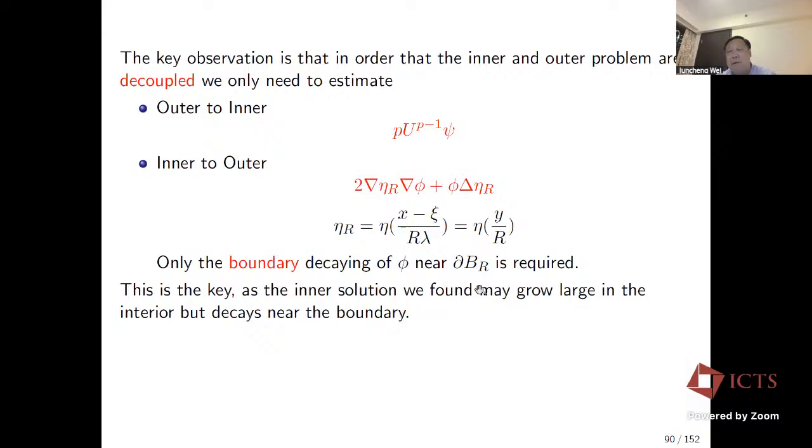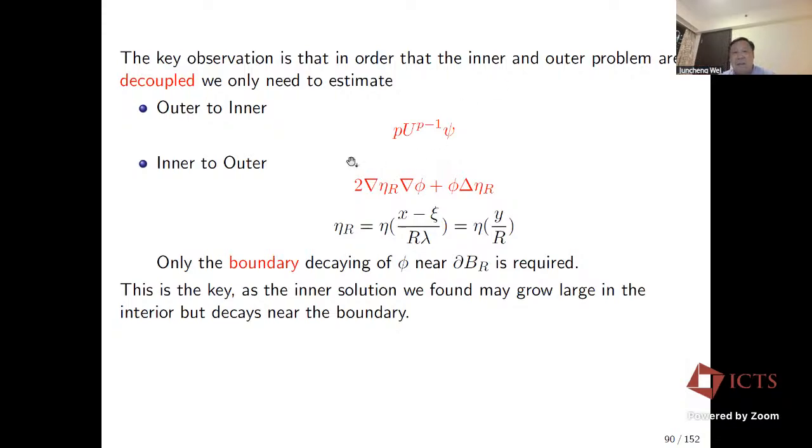This is a very important observation for tomorrow's lecture, because, as you are going to see, we're going to lose a lot of R's inside, but our solution near the boundary decays close to zero.